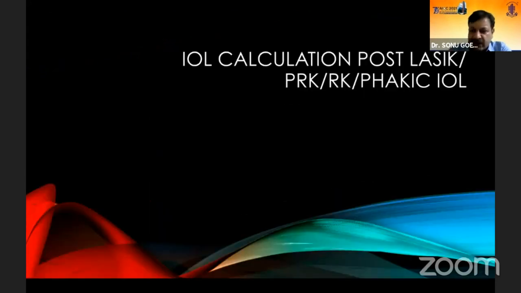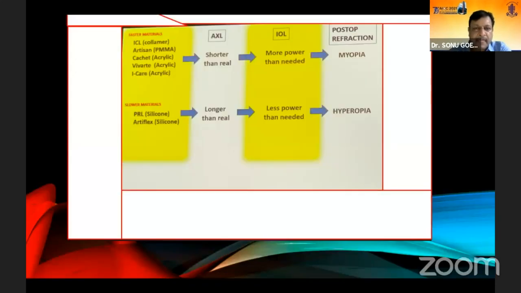Just a quick word I would share about IOL calculation in phakic IOLs. We have a lot of patients where we have done ICL implantation and you need to calculate the IOL power. Whenever you have an ICL, an Artisan, a Artiflex, or a Visian inside the eye, the axial length measured is shorter than the real.